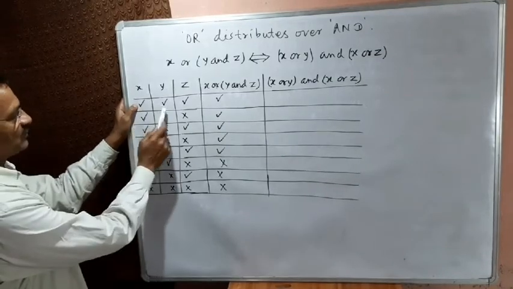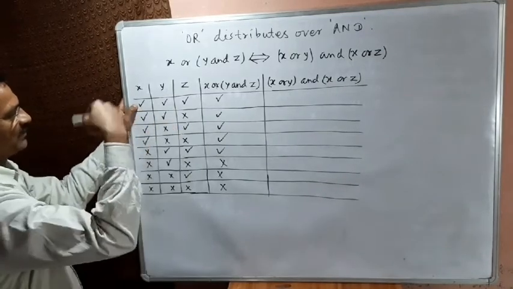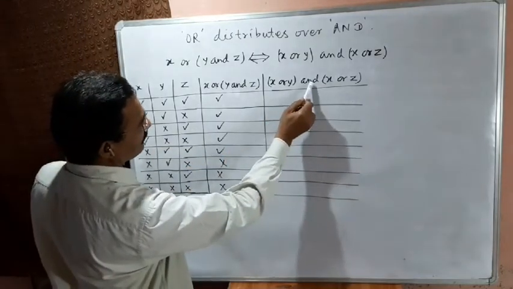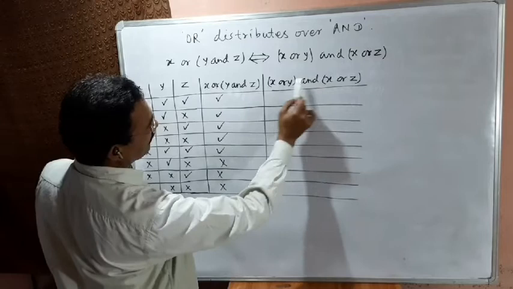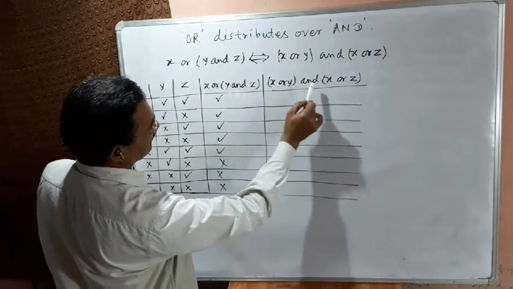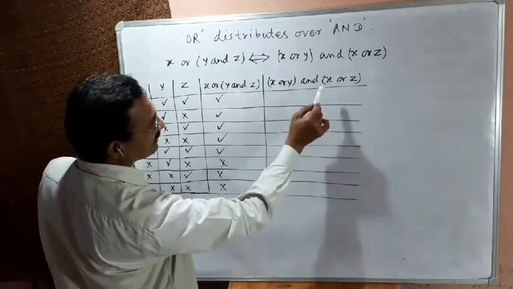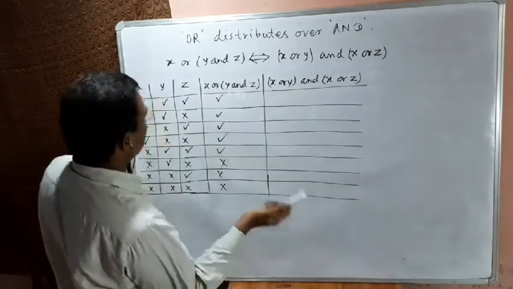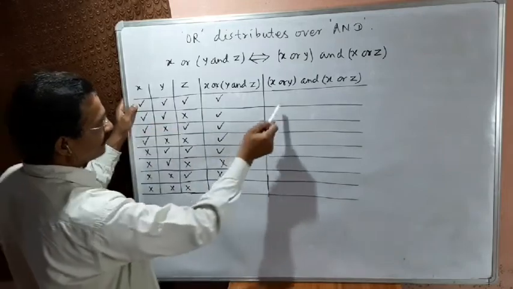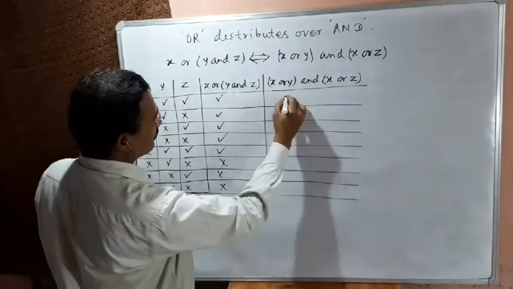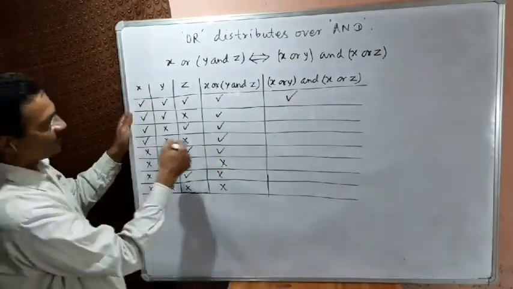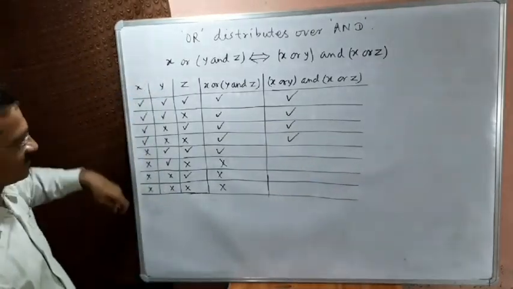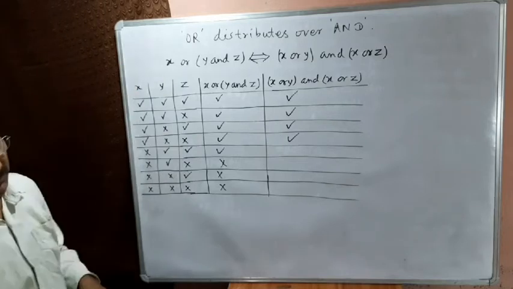Imagine if x happens, whatever be y and z. If x happens, then before and after and, both phenomena happen because x is in this and x is also in this. So due to x, both sides of and will happen. That is, if x yes, this will be yes. Therefore, in four situations we can say correct only due to x. We don't need to see y and z.